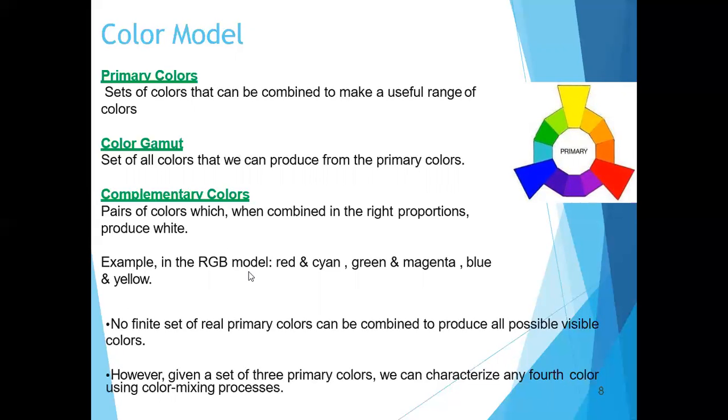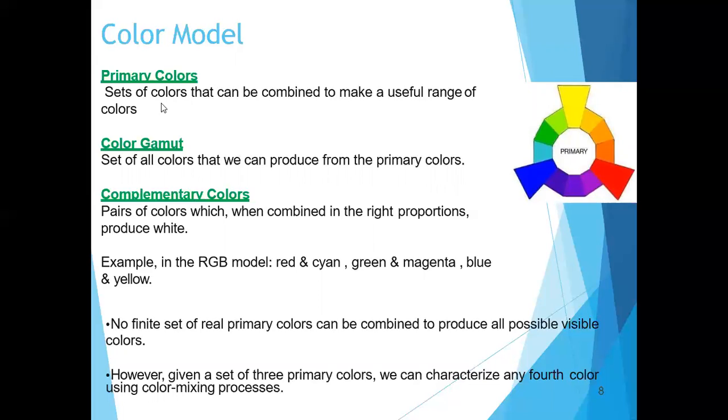For example, in the RGB model, red is complementary to cyan, green and magenta are complementary colors, and blue and yellow are complementary colors. That means if I mix red and cyan, the output is white. If I mix green and magenta, the output is white. If I mix blue and yellow, the output is white. Such colors are called complementary colors.